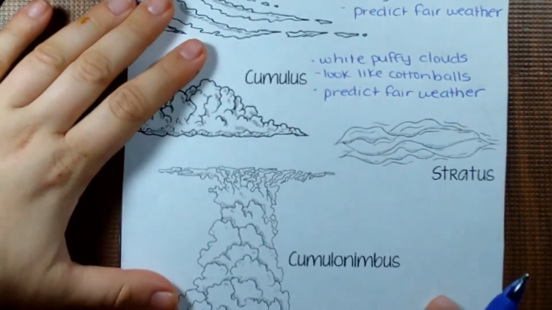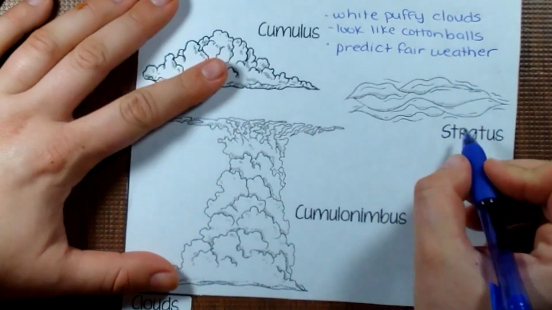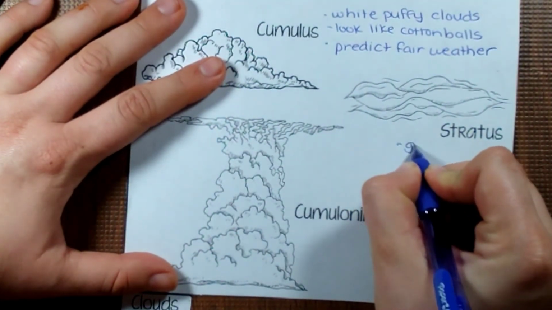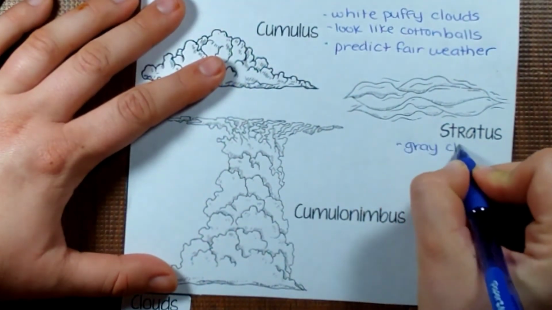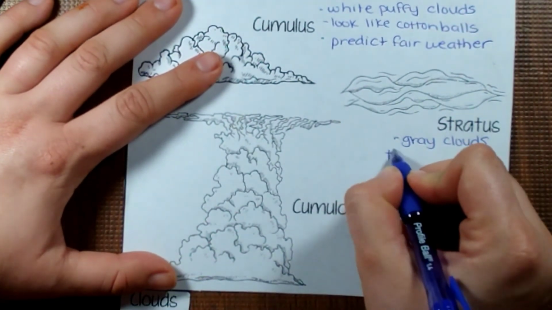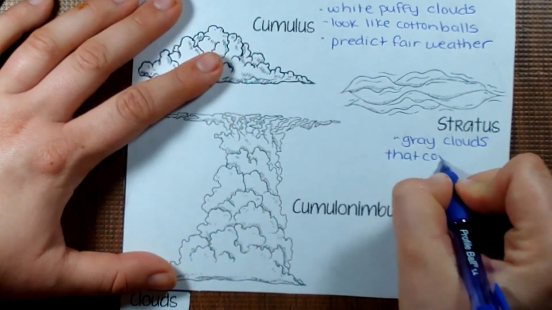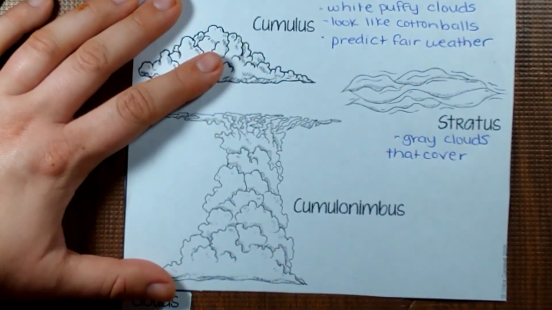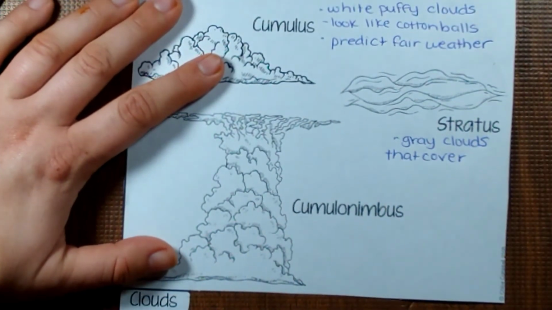Okay, our stratus clouds are the gray clouds that cover the entire sky. If you look at them and they're far away, they don't look like they cover the whole sky, but as they come closer to you, the entire sky turns gray.